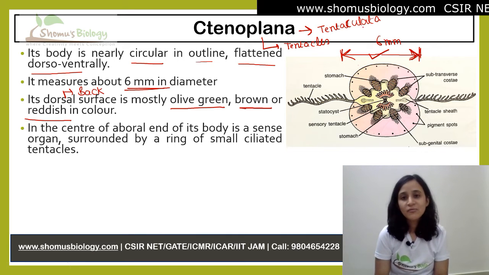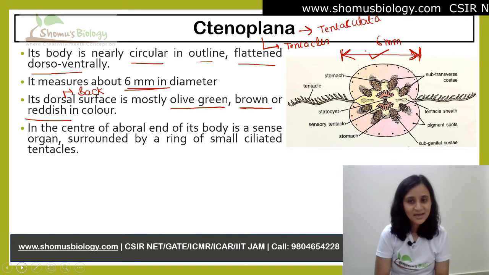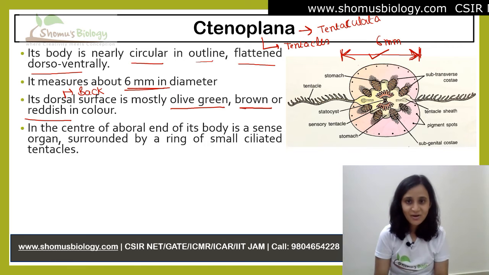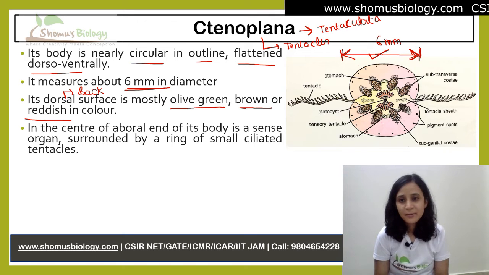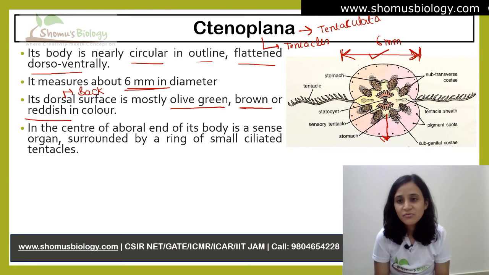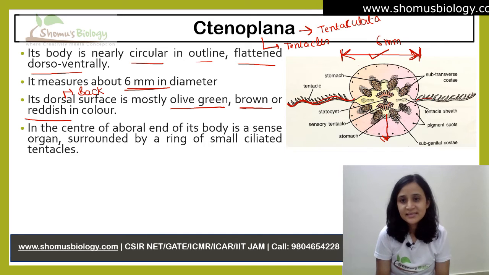Okay, so now we will try to understand their structure from this picture first. So first of all, we can see that two long tentacles are present. This is one tentacle and this is another tentacle, right?